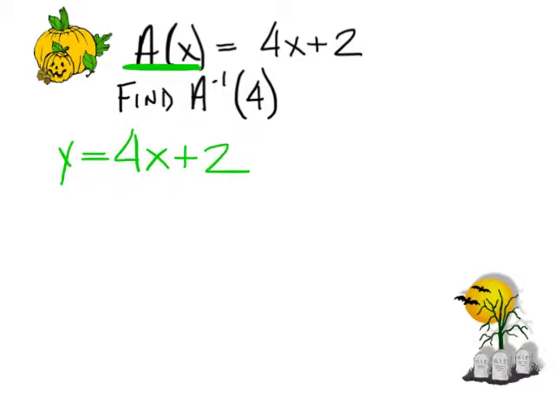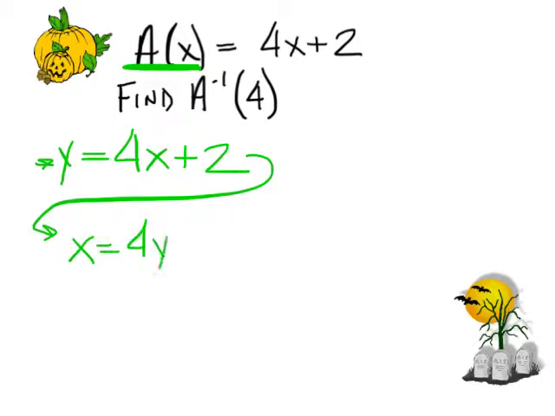And next, to find the inverse, you're going to have to interchange x and y. So instead of writing it like this, you're going to change it to where it's x equals 4y plus 2. All we did is move the x here and then the y here. So that's what we have first.